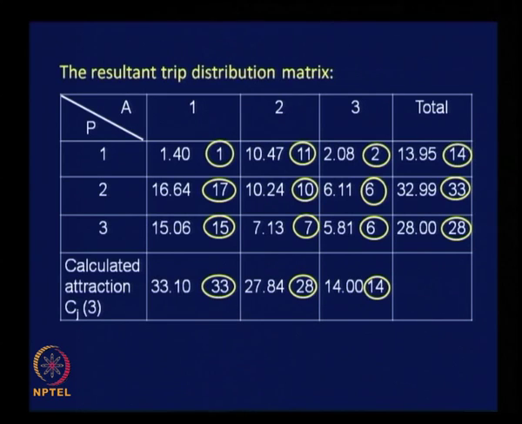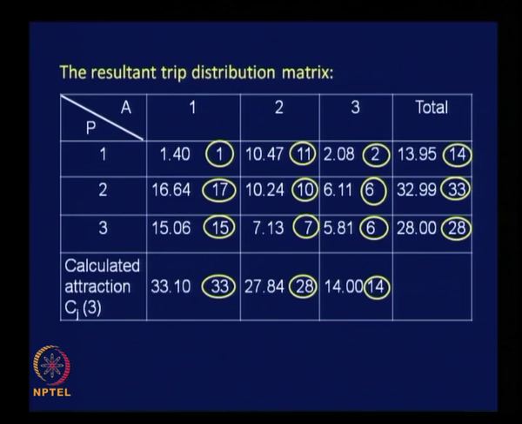And in second row, if you look at 16.64 rounded off to 17, 10.24 to 10, 6.11 to 6, right, 15.06 to 15, 7.13 to 7, 5.81 to 6, and the totals are totaling up to exact production values of 14, 33 and 28, and if you add up the cell values along each column, you get exactly the desired values of attractions of 33, 28 and 14.